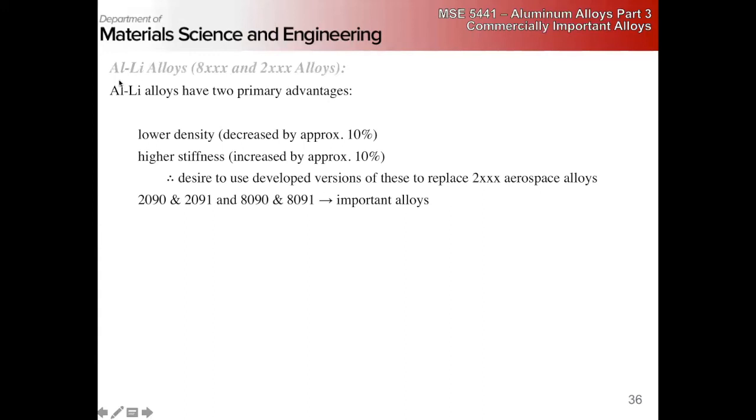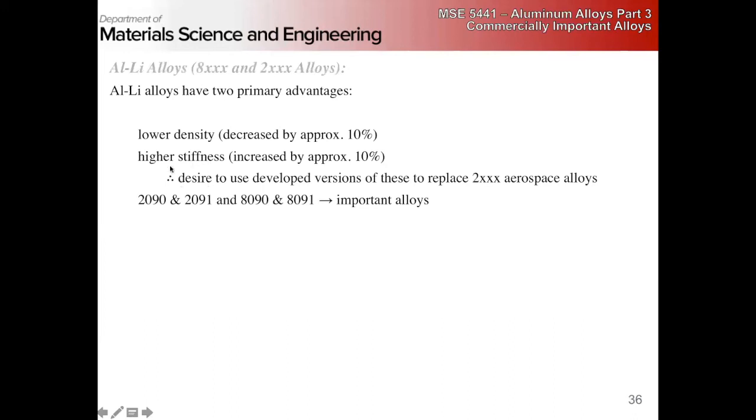The next family is the aluminum lithium alloys. These are 8000 series and some 2000 series where we have aluminum, copper, and lithium. Aluminum lithium has some primary advantages. We can reduce the density. We can increase the stiffness.